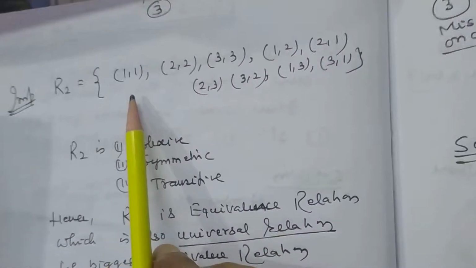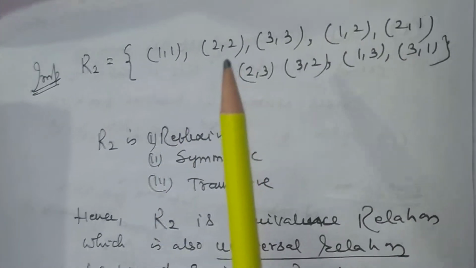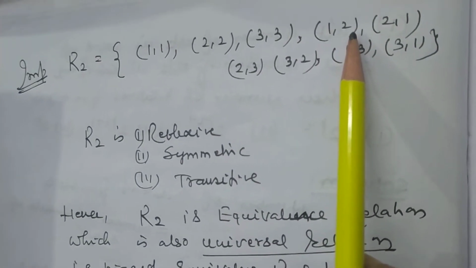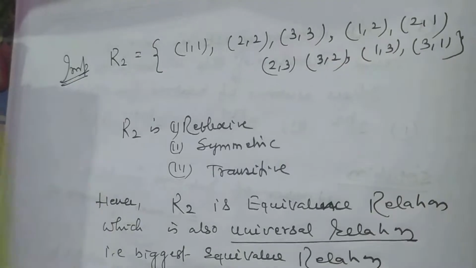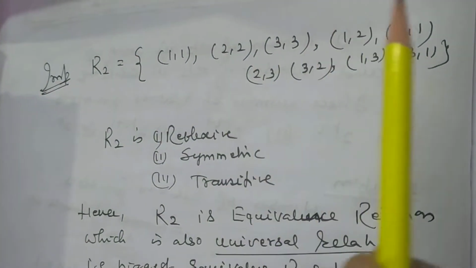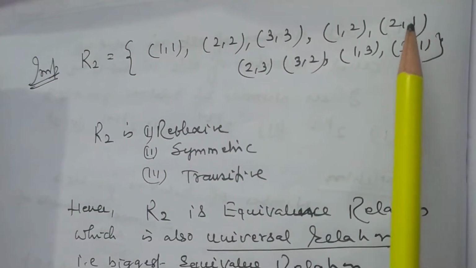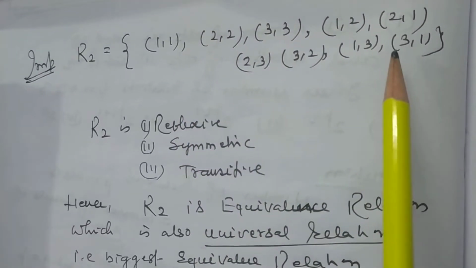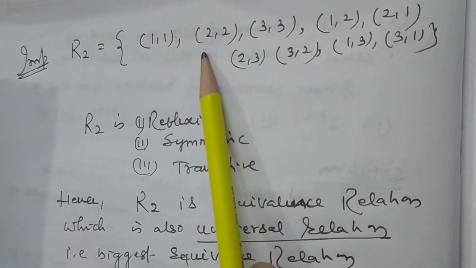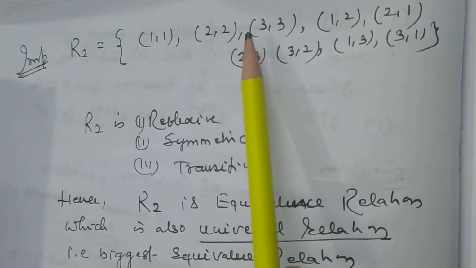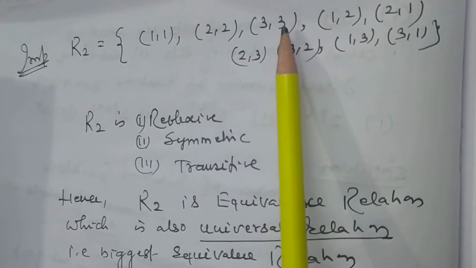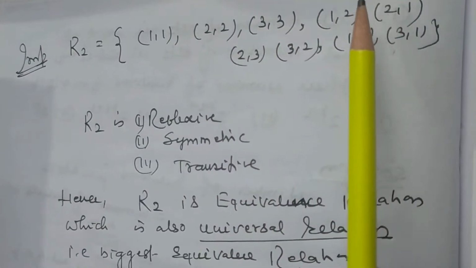Now, another example. Construct the relation containing (1, 2) and (2, 1). So if you take the universal relation, then what do you observe? We observe that it will be reflexive, symmetric, and transitive.